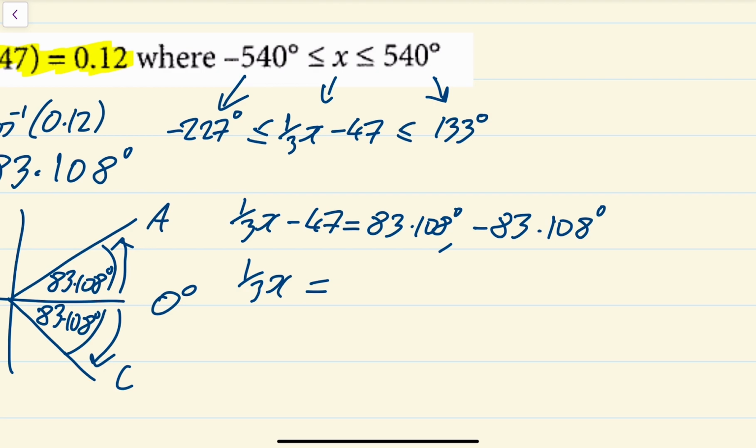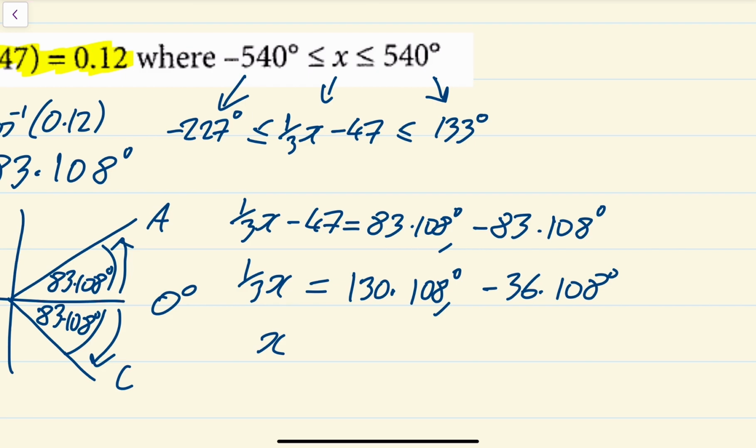So you'll have 83.108 plus 47, and that is equal to 130.108 degrees. And then you've got your minus 83.108 and you're adding your 47. If you do that, you'll get minus 36.108 degrees. And then you divide across by 1/3.